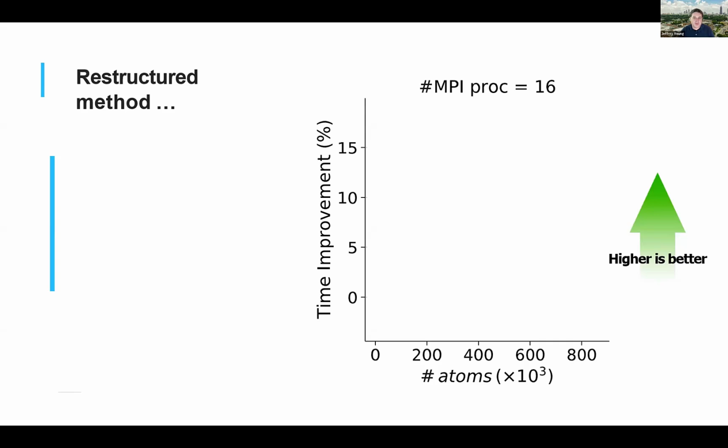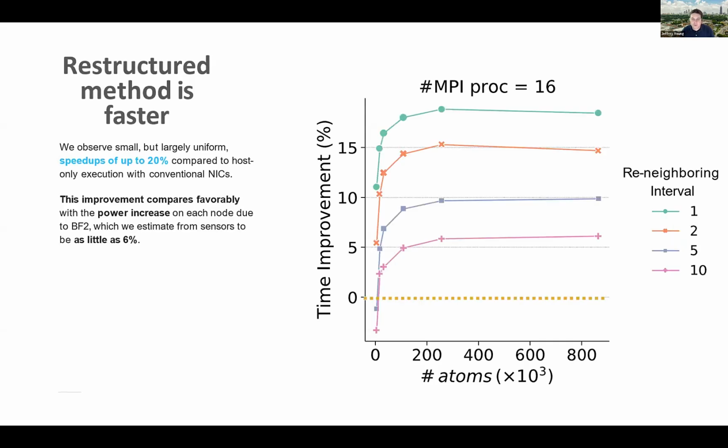Here, this is more like rewriting or restructuring the algorithm type of optimization. But when we do that restructure, we find that we do get speedups on the Bluefield 2 from moving that force computation to the Bluefield device.